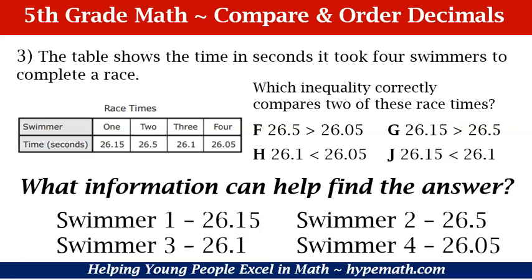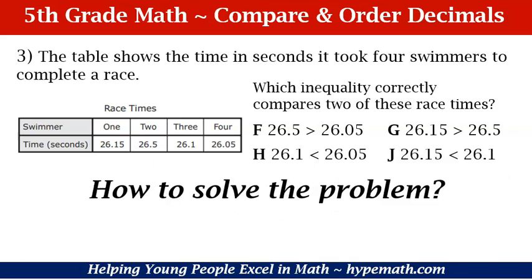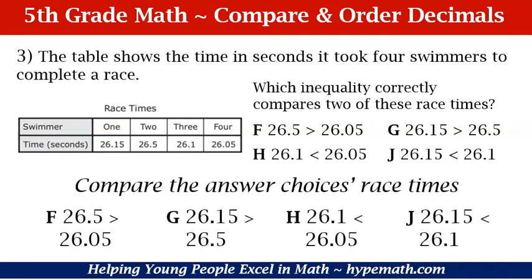Again, we know that swimmer 1 is 26.15, swimmer 2 is 26.5, swimmer 3 is 26.1, and swimmer 4 is 26.05. So how do we solve this problem? We need to compare our answer choices to see which one of them correctly compares 2 of the race times.